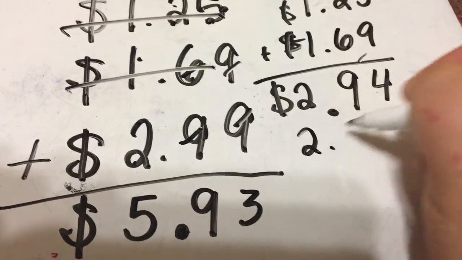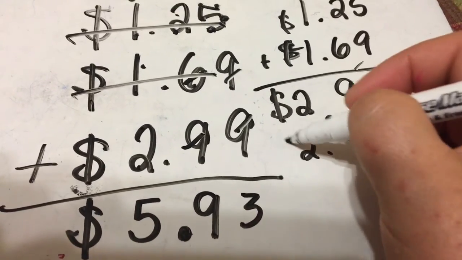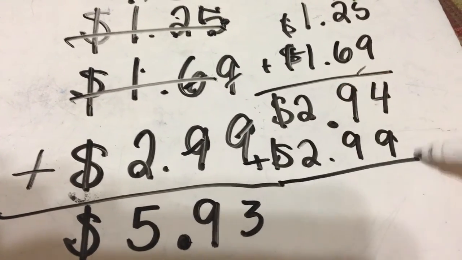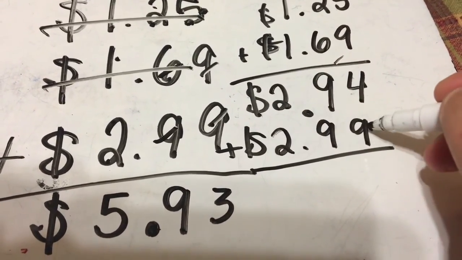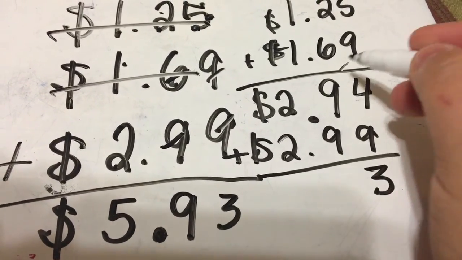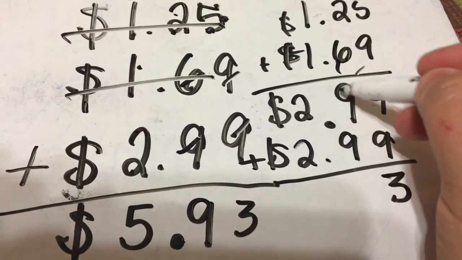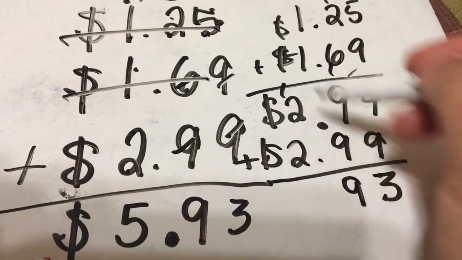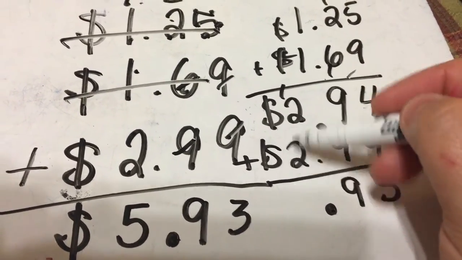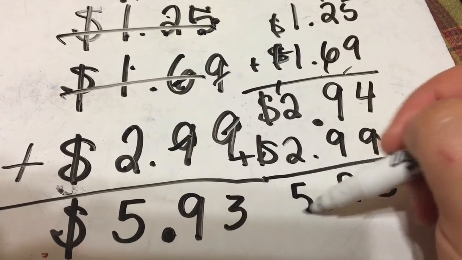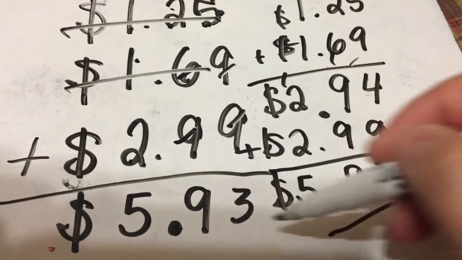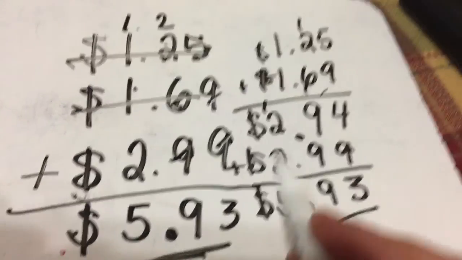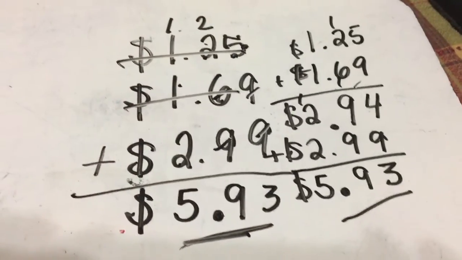So now I'm going to add $2.99 to the $2.94. So 9 plus 4 is 13, carry the 1. So 9 plus 9 is 18, plus 1 more is 19, carry the 1, bring down my decimal. 2 plus 2 is 4, plus 1 more is 5, $5.93. So I got the same exact answer doing it 2 different ways. So whichever way works best for you.